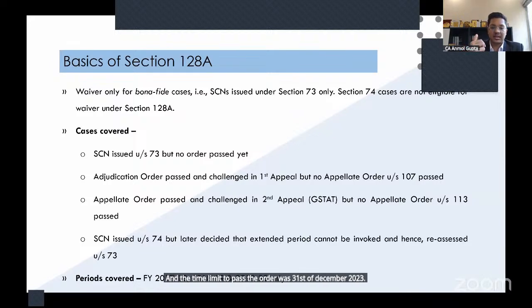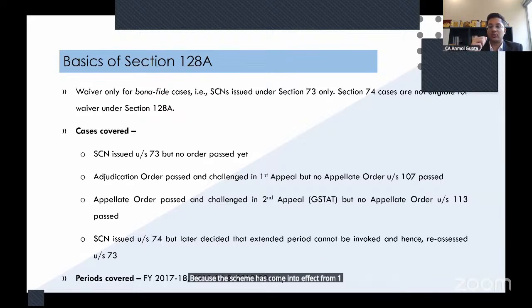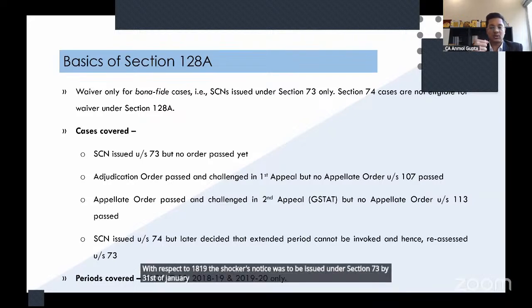That means that timeline has passed both for issuance of SCN as well as order. So it will not fall under the first case because the scheme has come into effect from 1st of November 2024. With respect to 2018-19, the show cause notice was to be issued under section 73 by 31st of January 2024 and the order was to be passed by 30th of April 2024. Again, it will not be covered because the time has already passed.